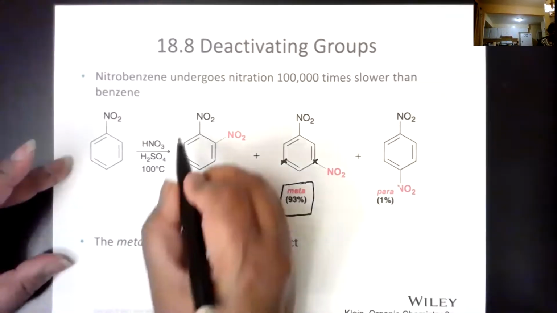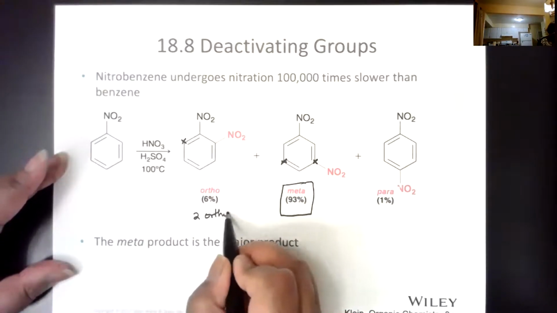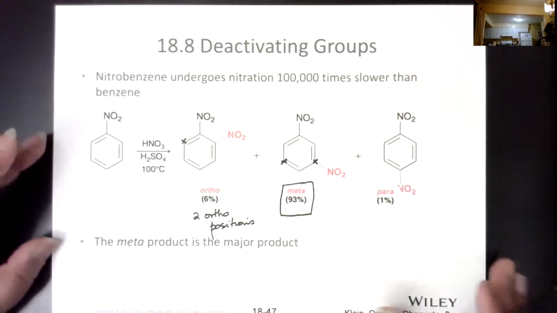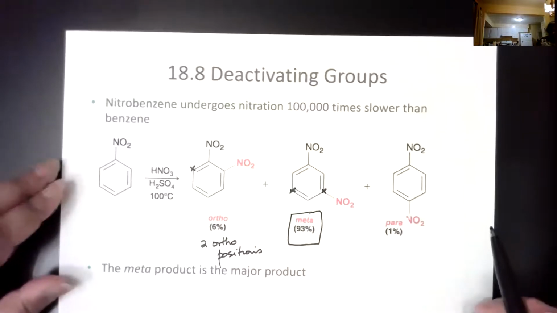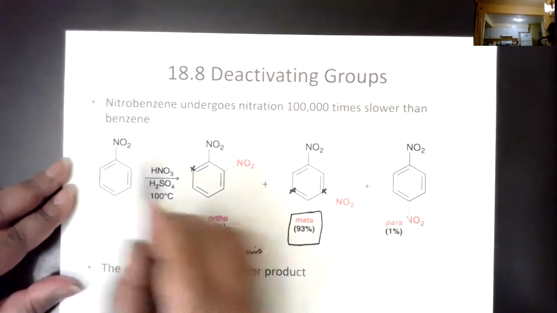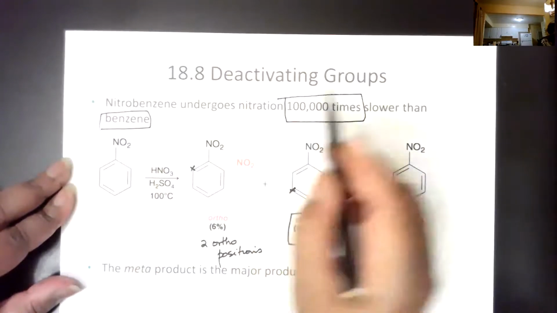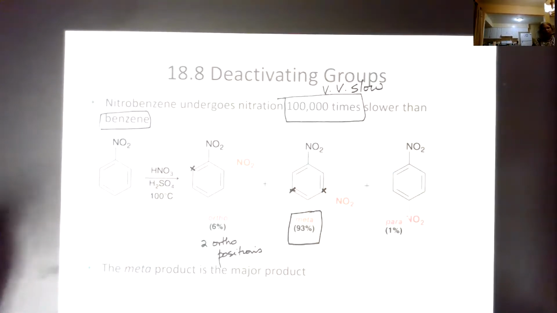This is because you have two positions. Even though you get 93%, if you compare nitrobenzene with pure benzene, this one is very, very slow.